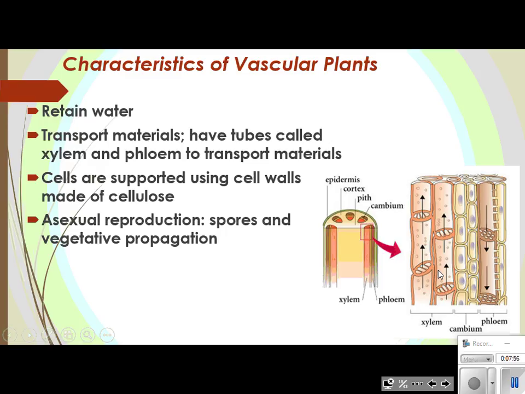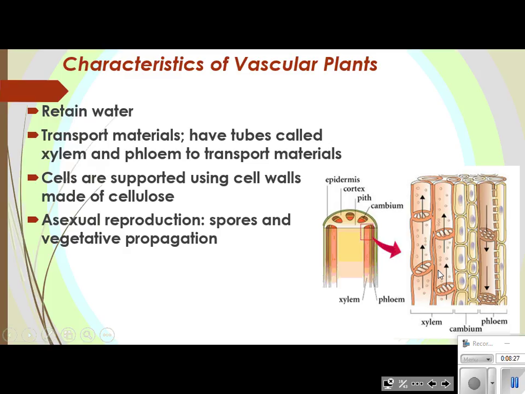Asexual reproduction. Vascular plants can asexually reproduce, much like before, through spores. They could also have vegetative propagation. What was vegetative propagation? Miguel, you got that in your notes? I'll bet you do.